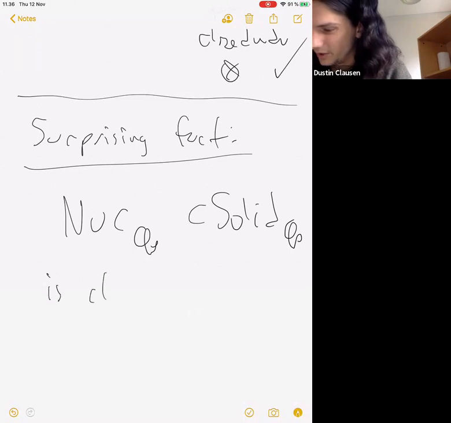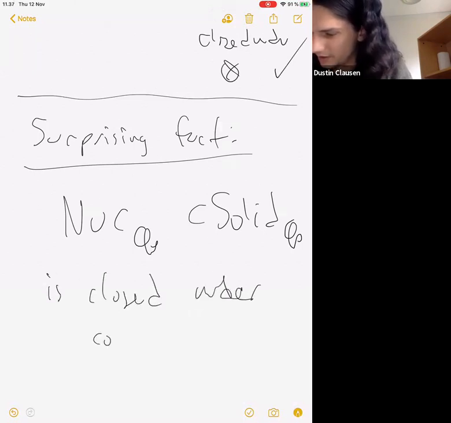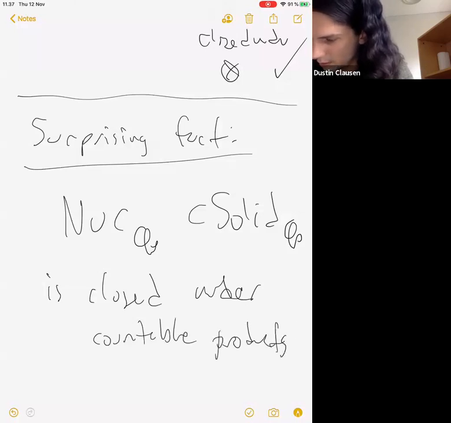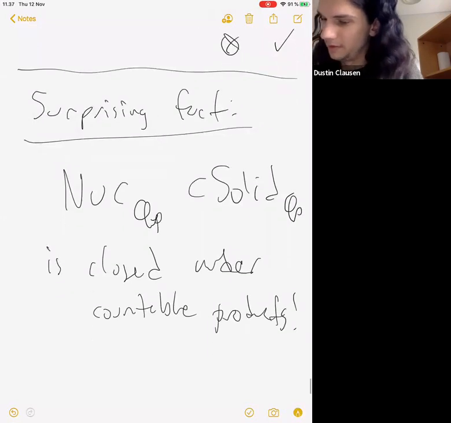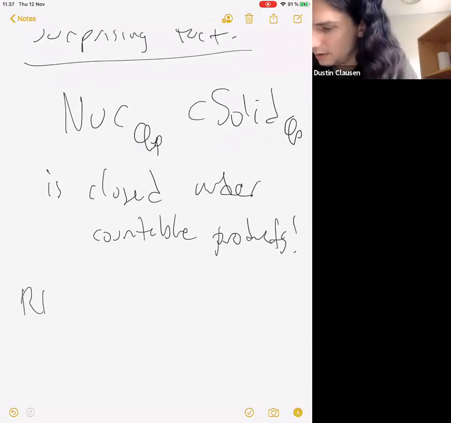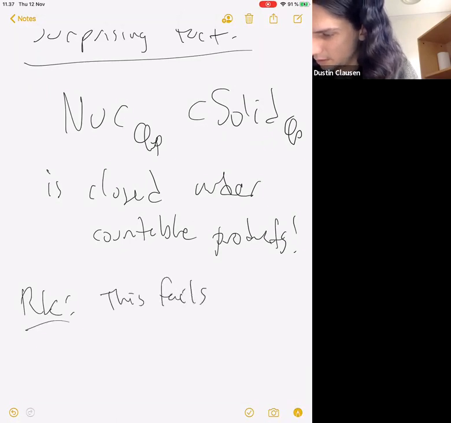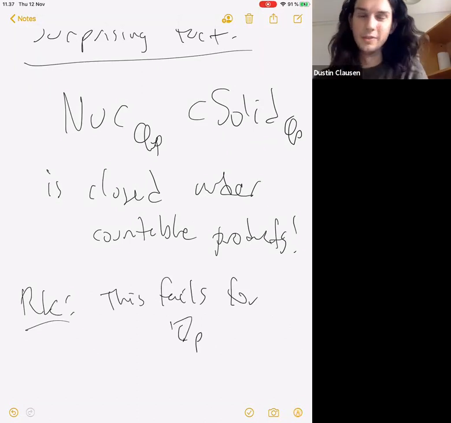This is also closed under countable products. And let me remark right away, this fails for Z_p. So again, this has to do with something special that happens when you invert p.